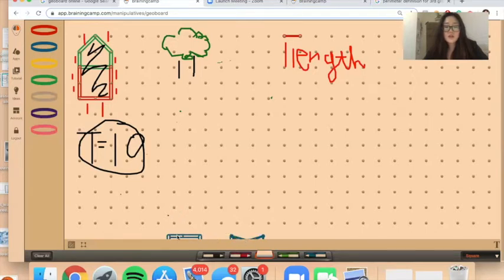Let's see. All right, that's not working. We're going to create our own. We're going to create our own little pool. I already had it all set up, but sometimes technology is not on our side.